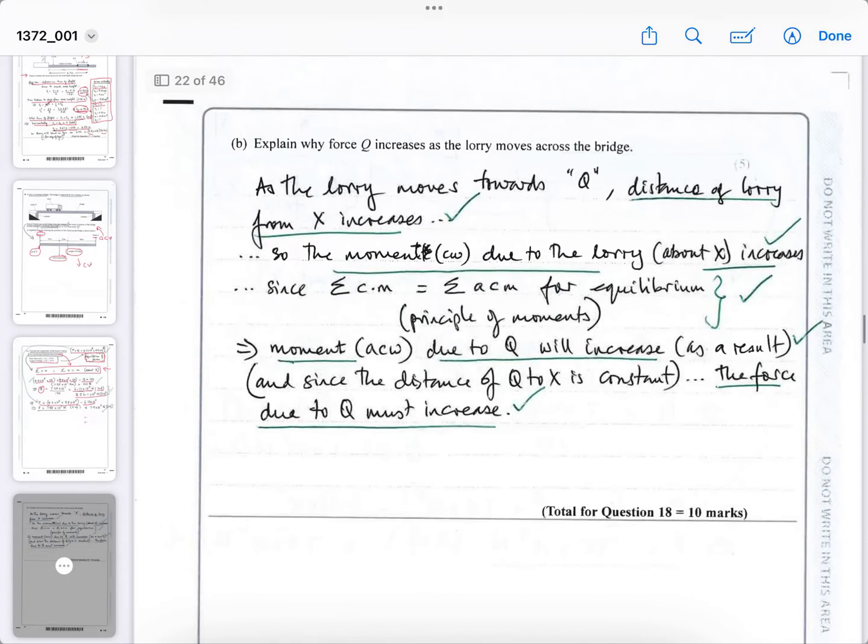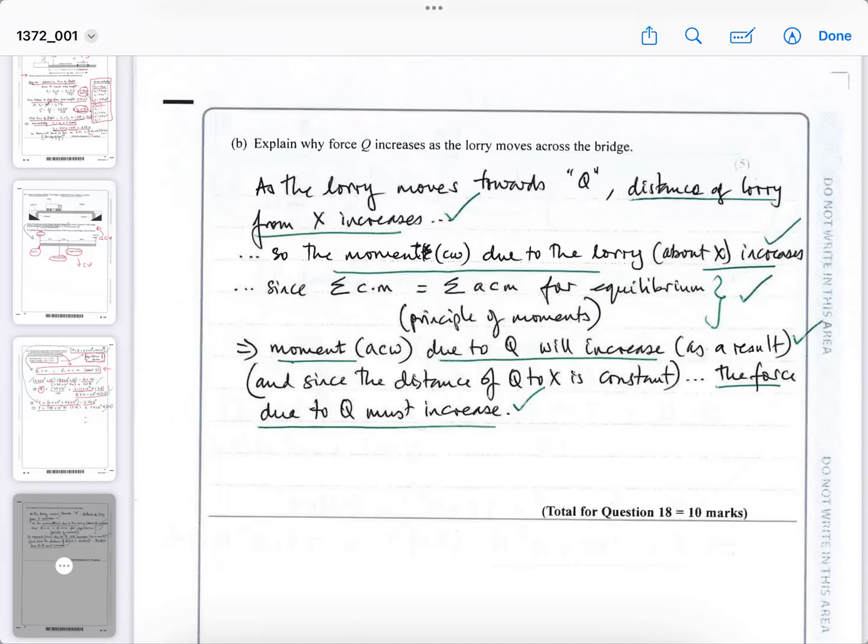And then it says, explain why force Q increases as the lorry moves across the bridge. Now, I'm not joking, there's exactly the same level of question in the GCSE paper 2 I gave recently to my year 10 students. As the lorry moves towards Q, the distance of the lorry from X increases, so the clockwise moment due to the lorry about point X increases.